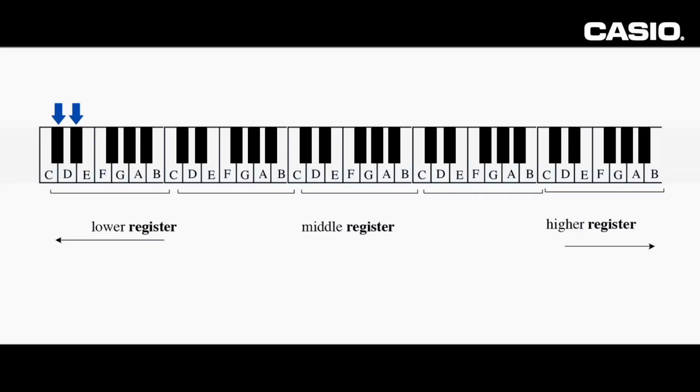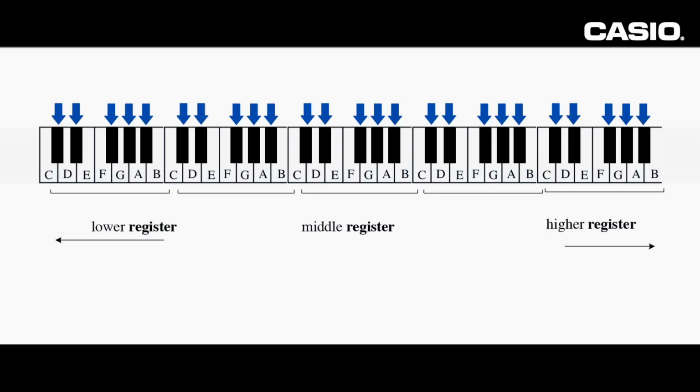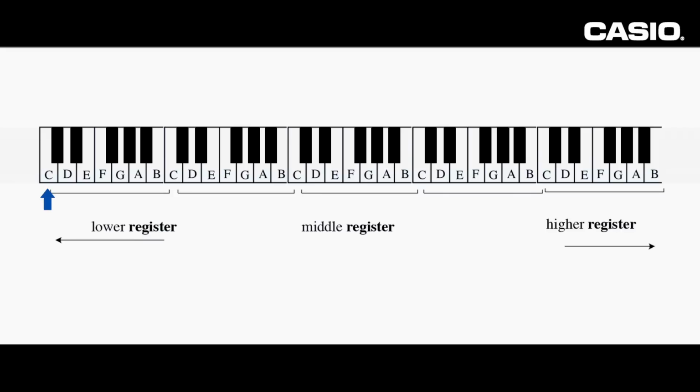You see a group of 2 black keys plus a group of 3, and that set repeats over and over again. So that starts from a C and another C comes again with a 2 group. So 2 plus 3 makes 1 octave, C to C.